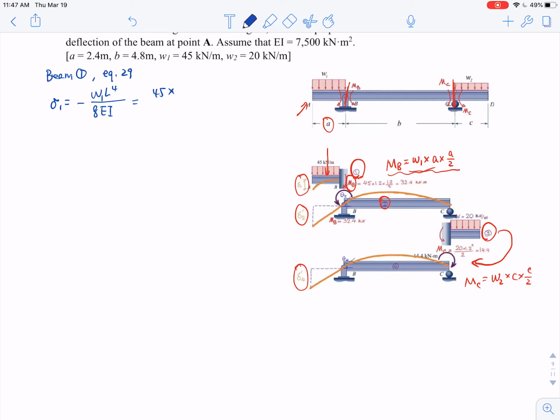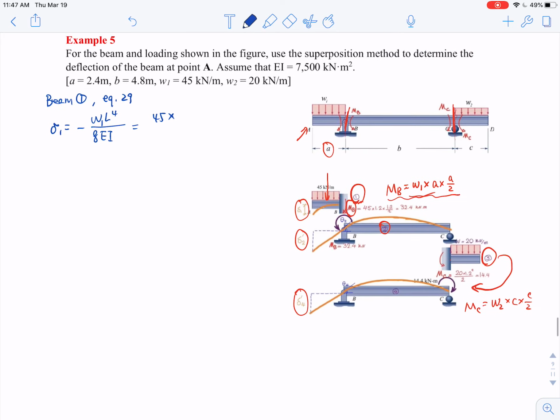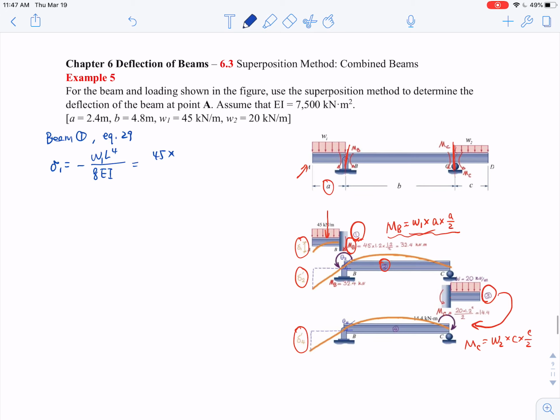L here is AB. Okay, here this is a typo. It's 1.2.